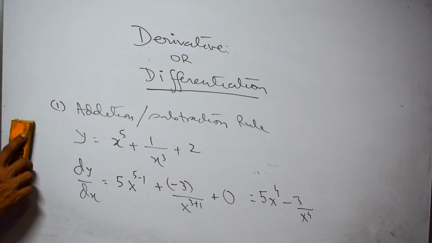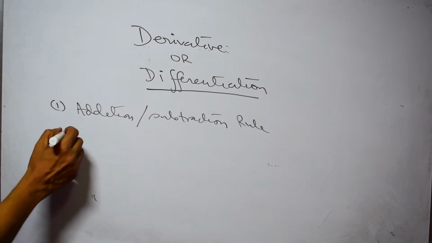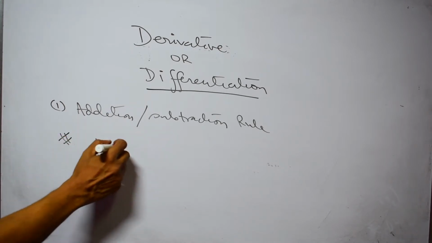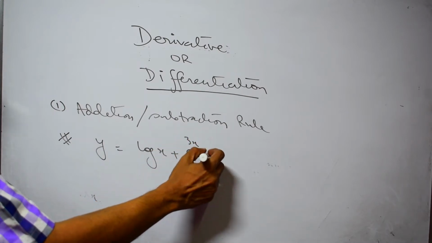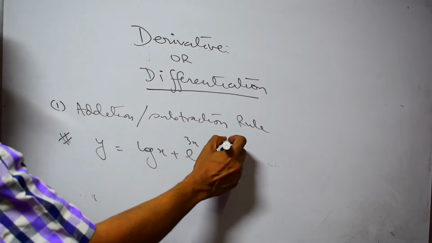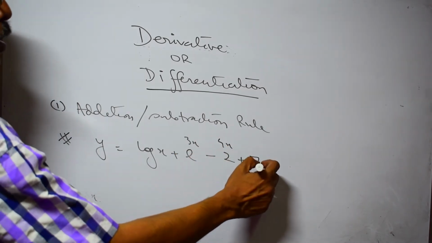Now we can have some more with the addition rule. Suppose the expression is y equal to log x plus e to the power 3x minus 2 to the power 4x plus 7.